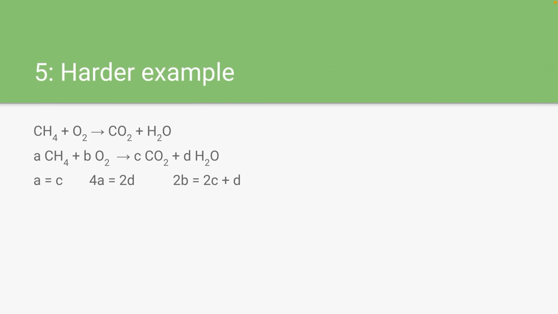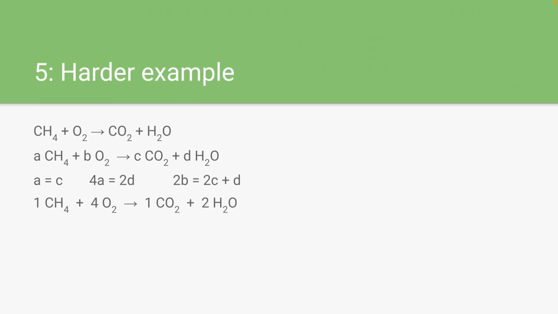So you just add them together. You get 2B, because there are 2 oxygens, equals 2C, because there are 2 oxygens in that molecule, plus D, because there's 1 oxygen in that molecule.